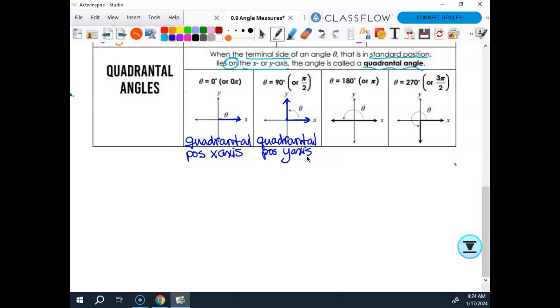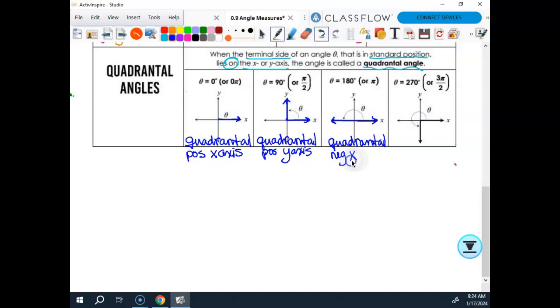If I'm at pi, and I did leave the degrees on here just because I know they still make a little bit more sense to you. If I'm at pi, or 3 pi, or 5 pi, or negative pi, whatever, I end up there, then it is quadrantal, and it is on the negative y. Oh, that is not the y-axis.